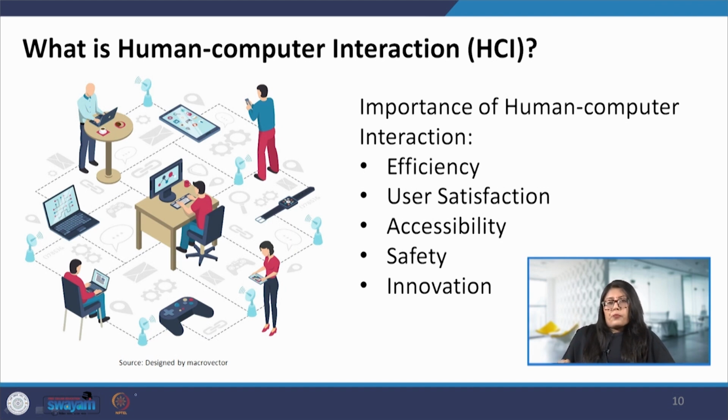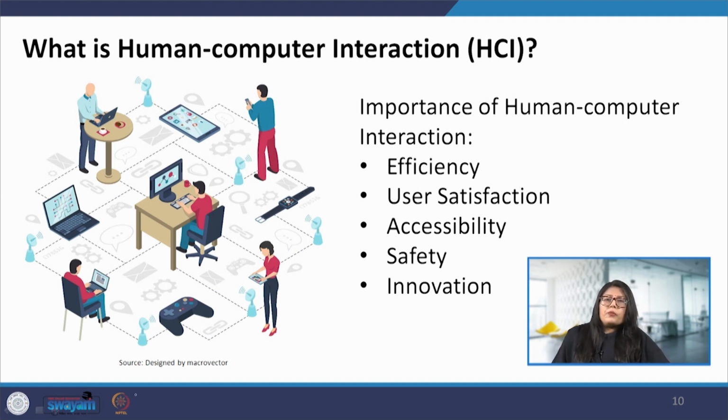HCI also can support accessibility to ensure that the product has a wider reach, that a lot of people from all walks of life are able to benefit from it, especially people with impairments, and also people who need some help with their technical skills.